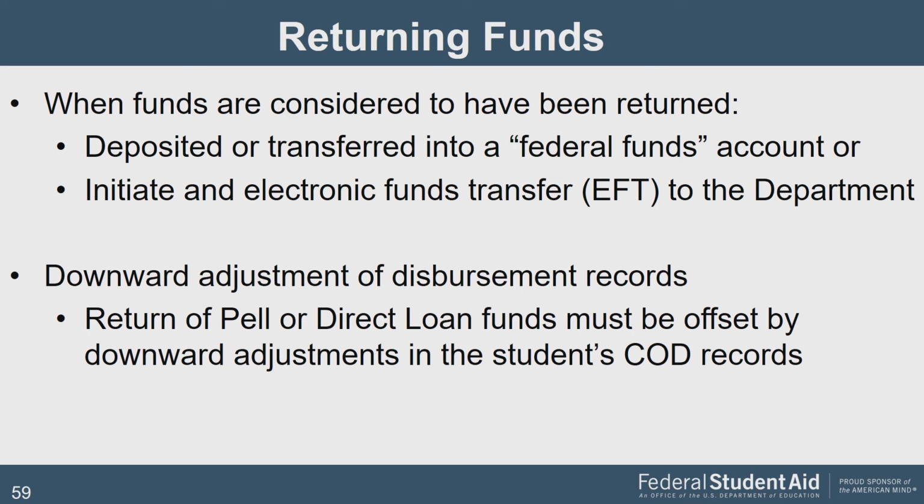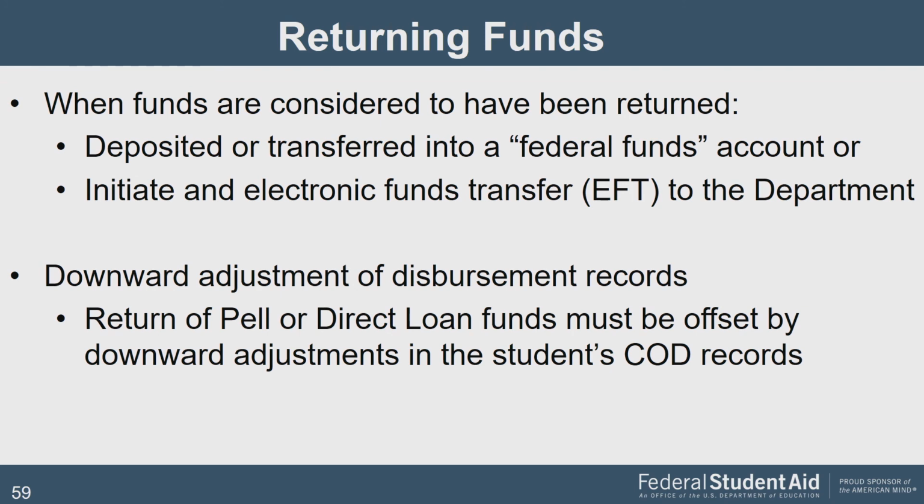Just like we have specific definitions of when a disbursement takes place, we have a specific definition of when funds are actually returned. When you've deposited or you transferred into the federal funds account, or you've initiated an EFT to the department, that's considered the date that you return those funds.